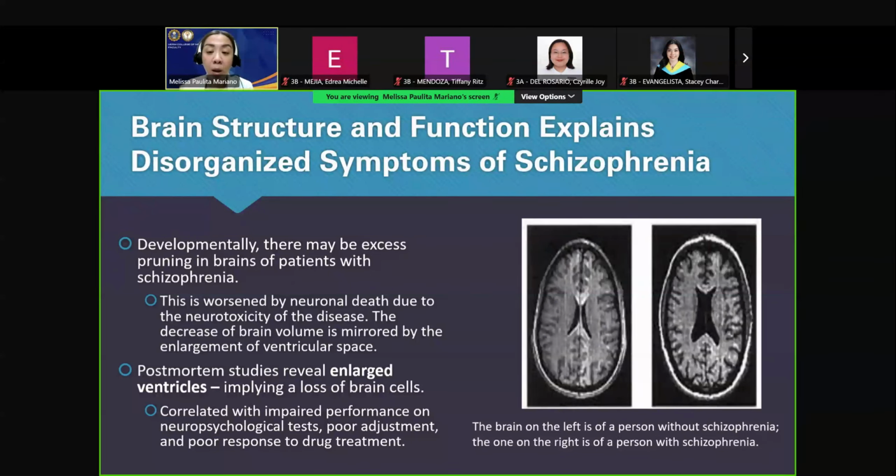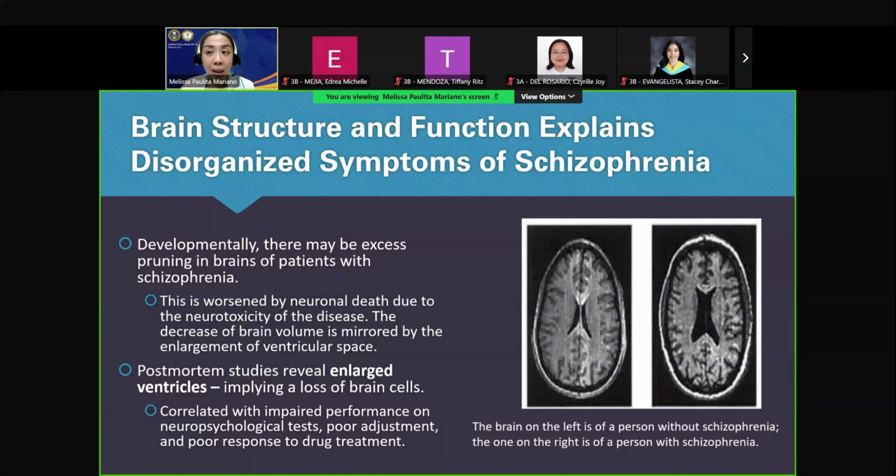The image of the brain to your left is a person without schizophrenia. So you can see very narrow ventricles here in the middle, the butterfly shape area in black. And the one to the right is a person with schizophrenia. So you'll note that the ventricles are significantly enlarged and there's much, much less gray matter. There's much less brain volume.